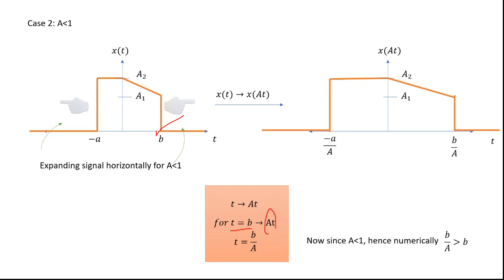Then after the signal transformation, the same point will be located at t equal to b by a. Now as you can see, if a is less than 1, then numerically b by a must be greater than b. Hence the signal expands horizontally in the outward direction, on both sides.